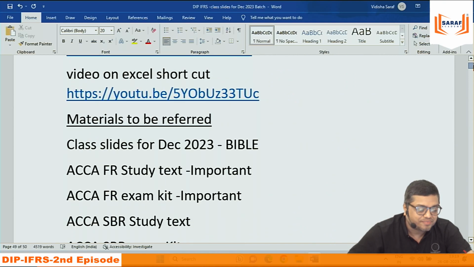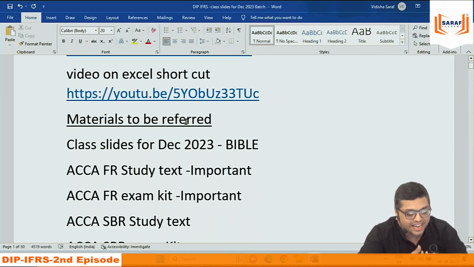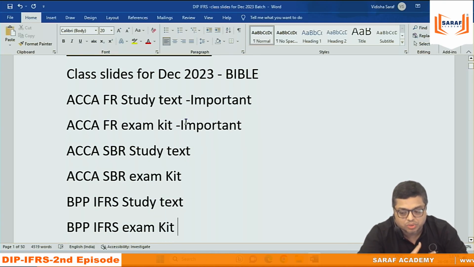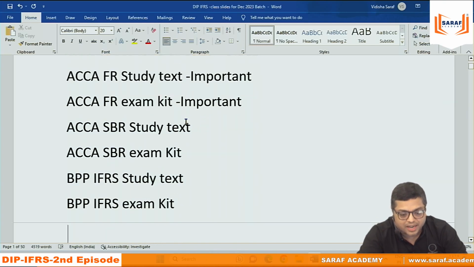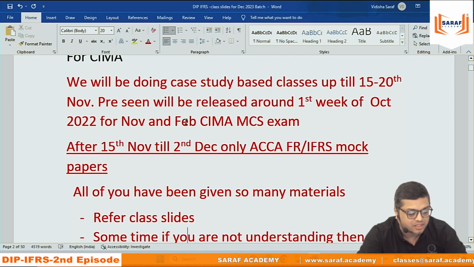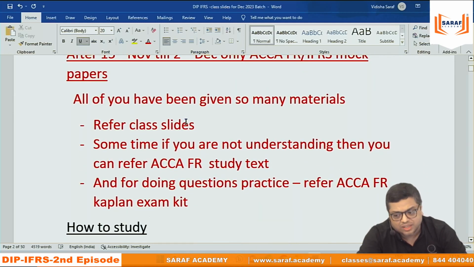First of all, in the last class we discussed the basic accounting: what is the purpose of accounting, why we prepare accounts, and other basic things. Then we discussed that in India we have Indian GAAP.